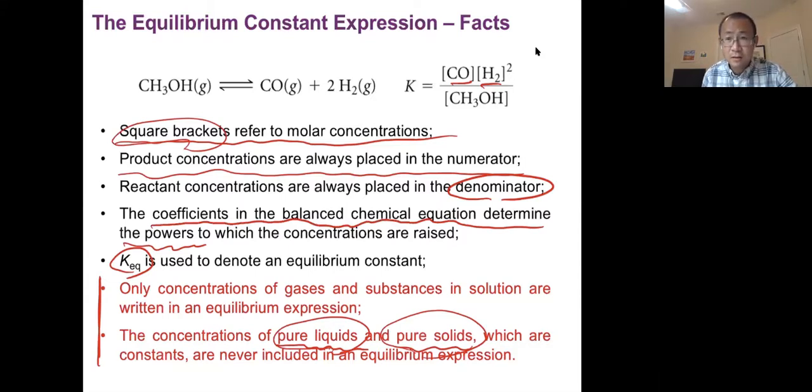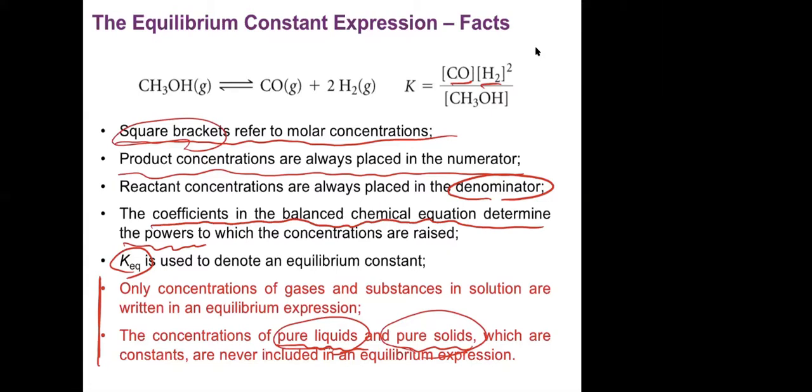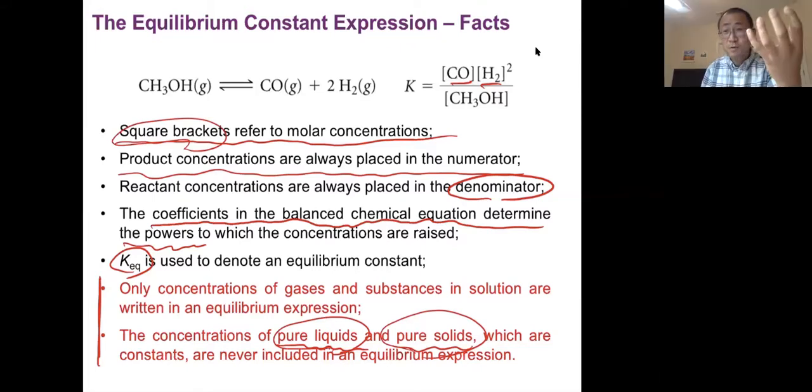Why is that? When something is pure, liquid or solid, it doesn't matter. The concentration is what? Can anybody tell me, when something is pure, what is the concentration of it? It would be either 0 or 100%. Which one? It's 100%. Why? It's pure, right?